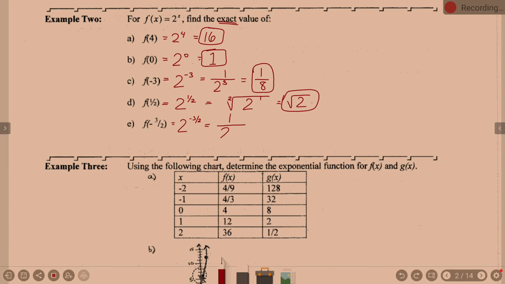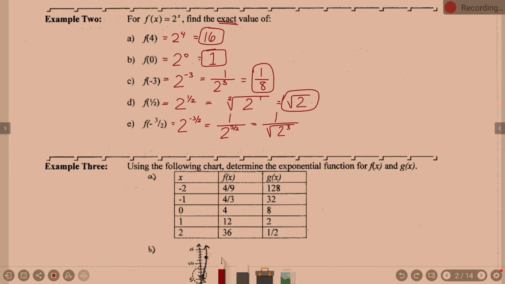So it's going to be 1 over 2 to the positive 3 halves, yes? What's a fraction exponent tell me? This is going to be 1 over the square root of 2 to the third.